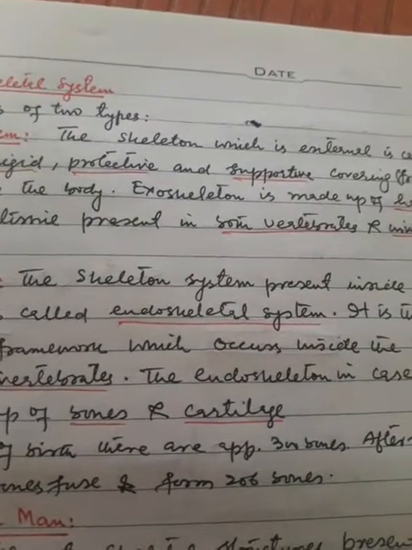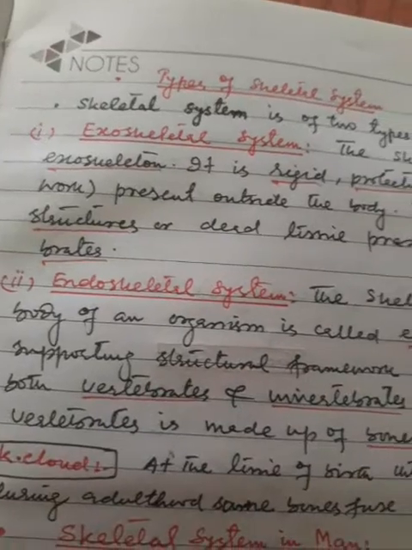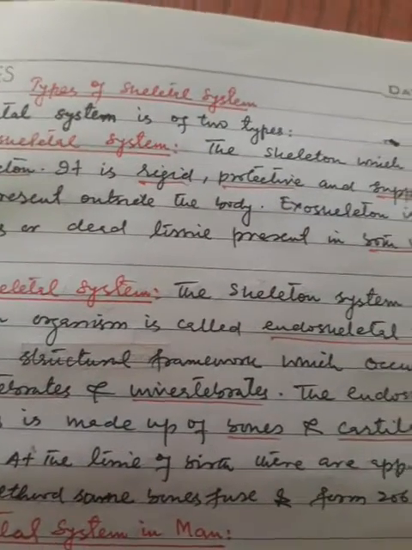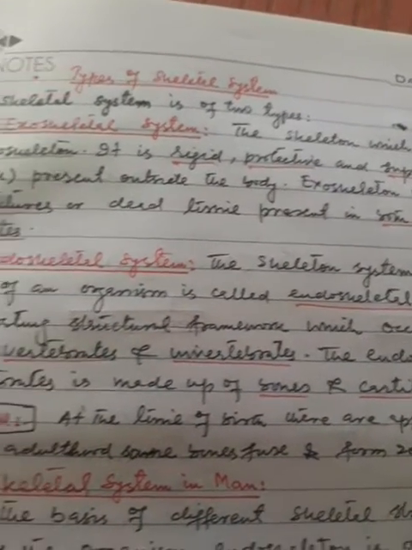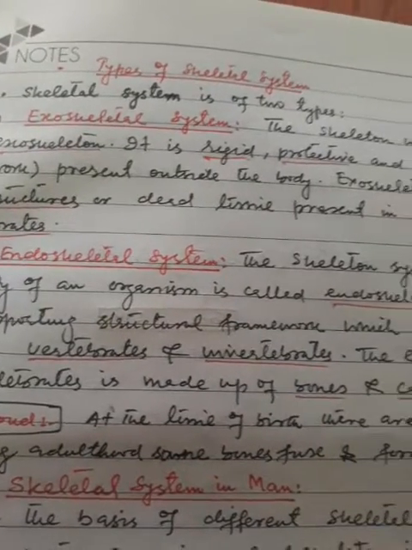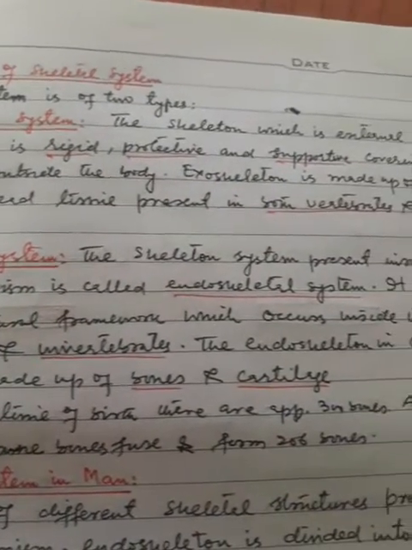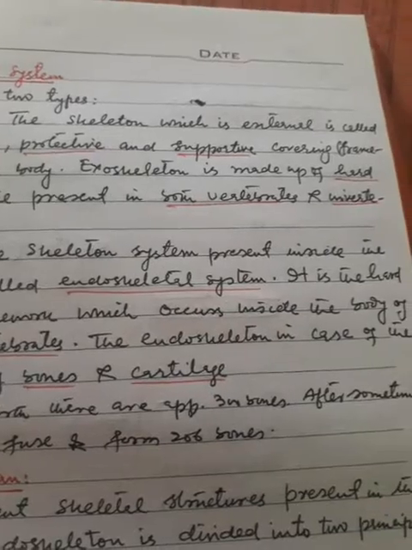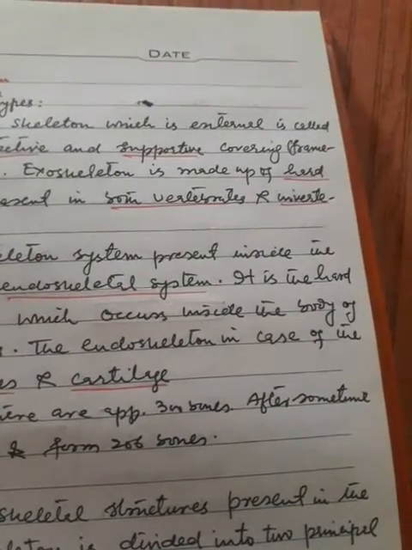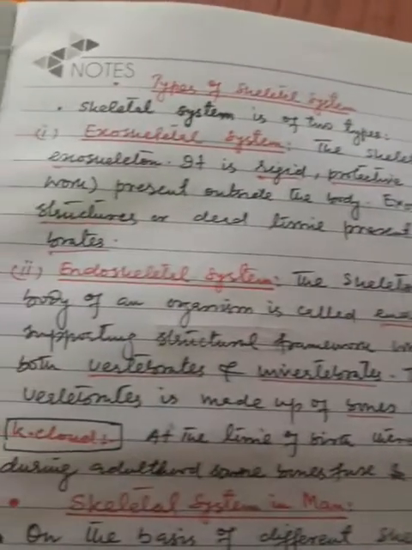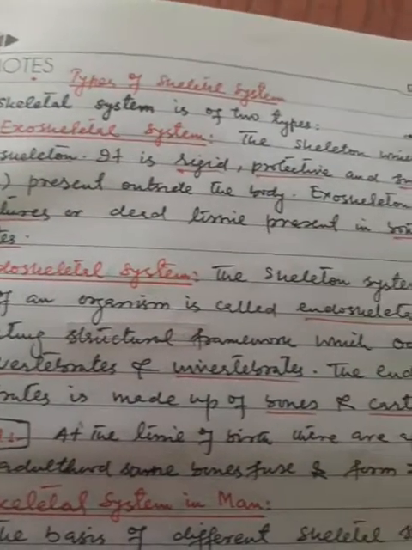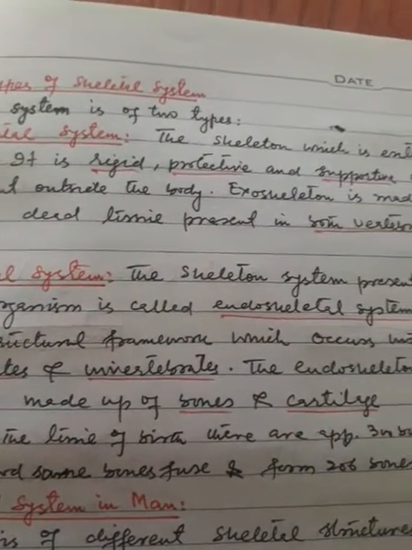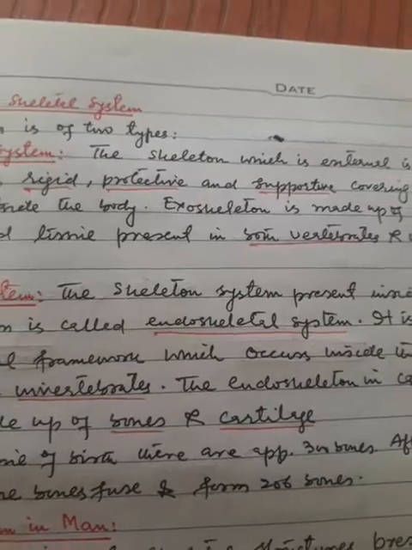The endoskeleton, in case of the vertebrates, is made up of bones and cartilage. Knowledge cloud. At the time of birth, there are approximately 300 bones. After some time, during adulthood, some bones fuse and form 206 bones.